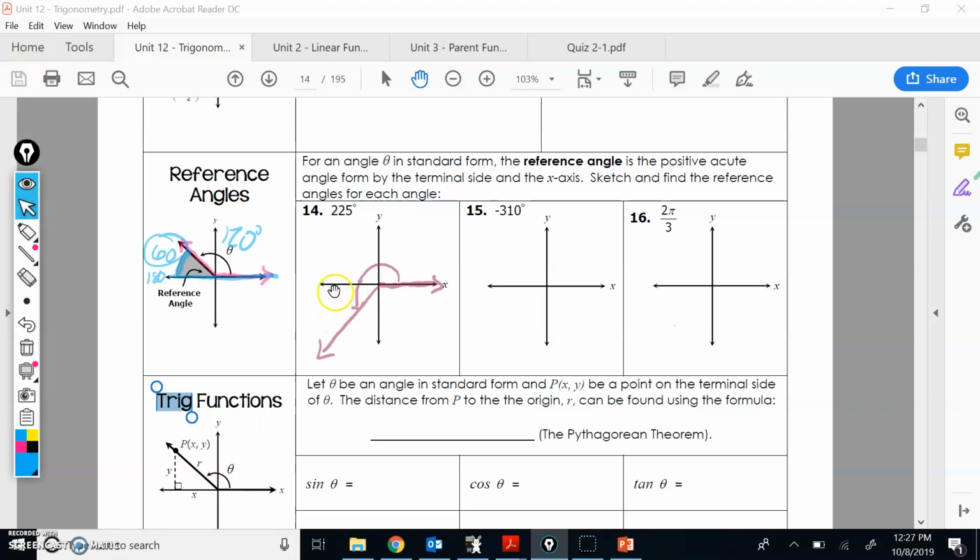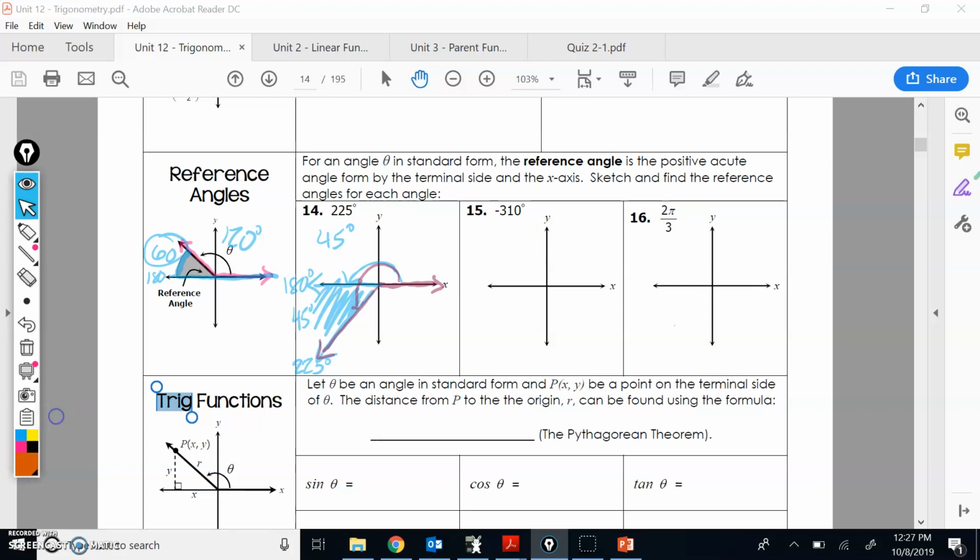The reference angle is the distance from the terminal side right here to the x-axis. So how much is in this blue space? 45 degrees. And you know that because this is 180 from here to here, and you need an extra 45 to reach 225. You can also go in the opposite direction.